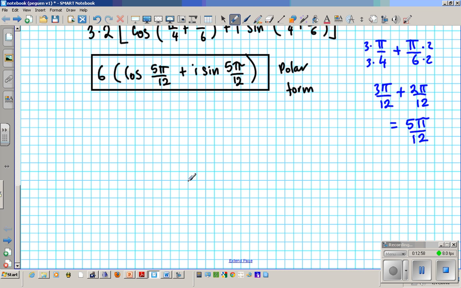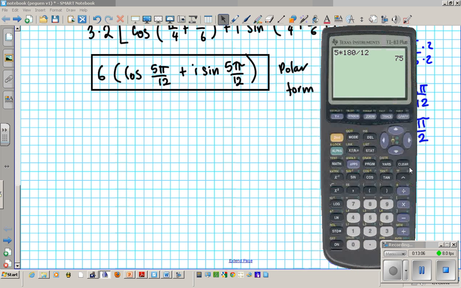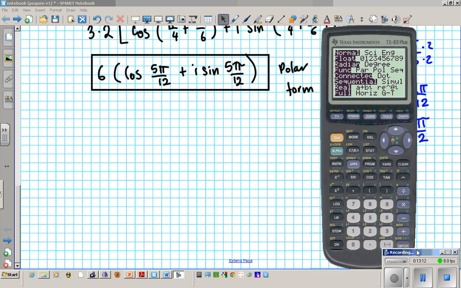So how do we express this in rectangular form? All we have to do is plug this in our calculator. What is cosine 5 pi over 12 and sine 5 pi over 12? So, fire up your calculators. Make sure you're in the right mode.